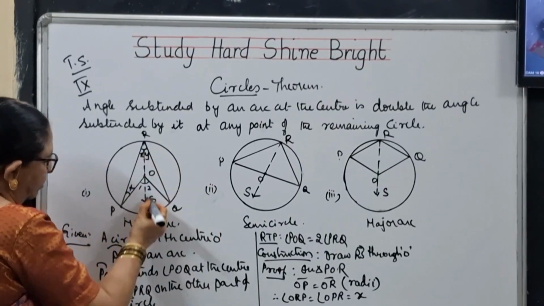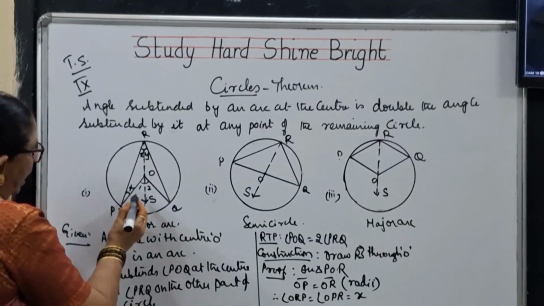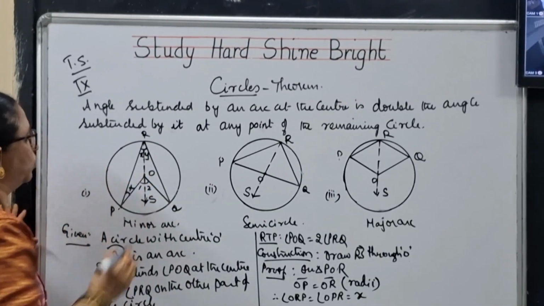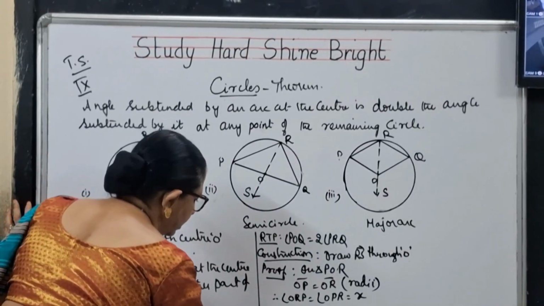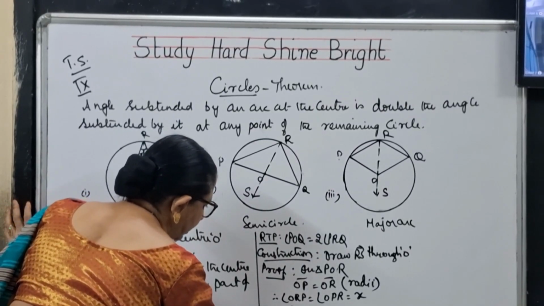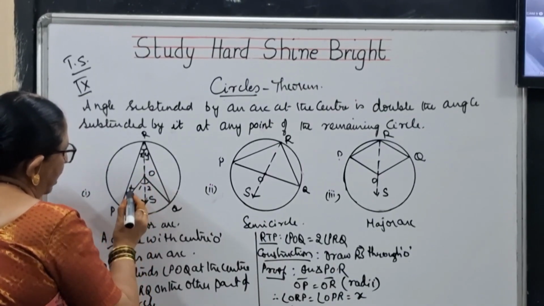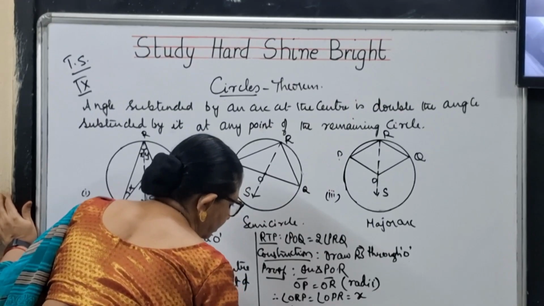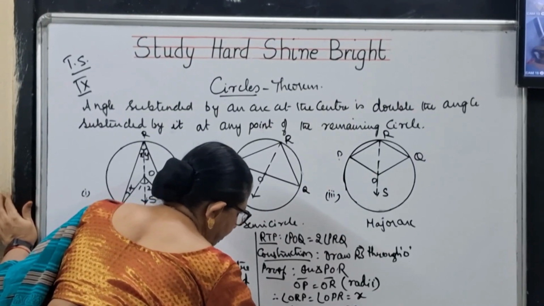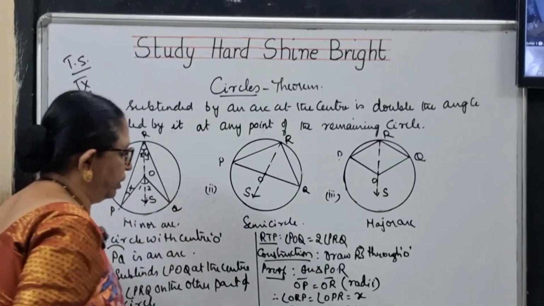So angle 1 is an exterior angle to this triangle. See, children, POR is the triangle, and angle 1 is an exterior angle to this triangle. So therefore, exterior angle 1 is equal to angle X plus angle X, that is X plus X, equal to 2X. So angle 1 is equal to 2X.